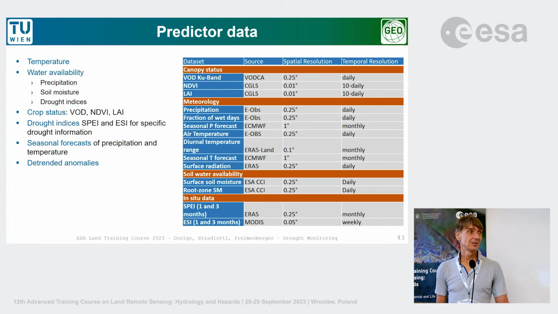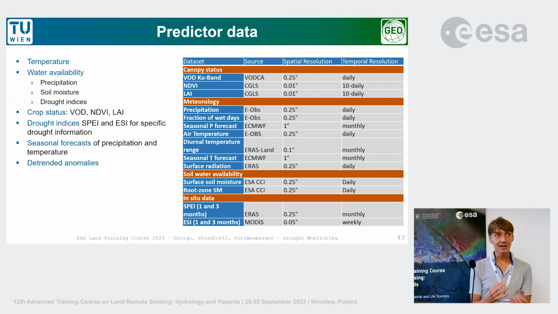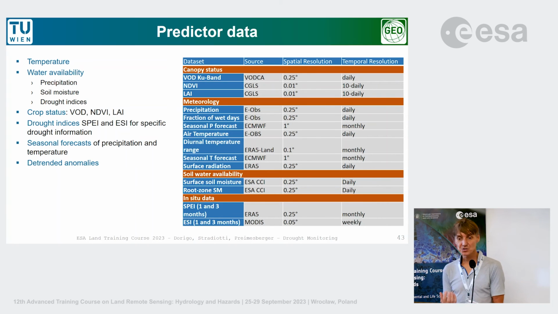Of course, meteorology is still the main driver: temperature, precipitation, in different flavors, so number of wet days, diurnal temperature range, and so on. And some drought indices. Is using Earth observation directly sufficient, or do we also need SPEI or the evaporative stress index, so more higher level information products?